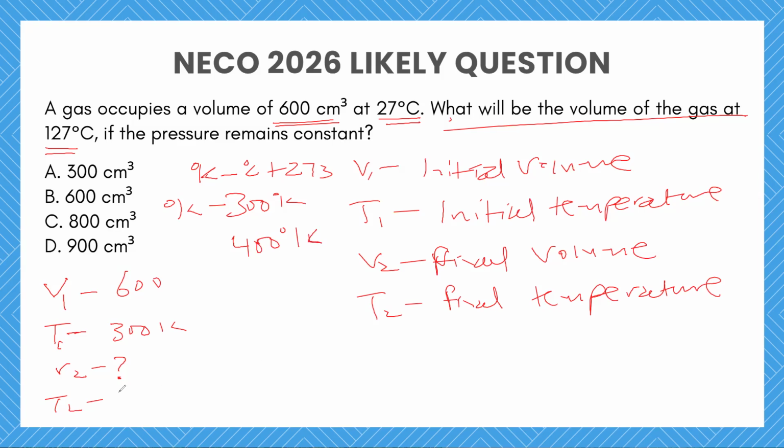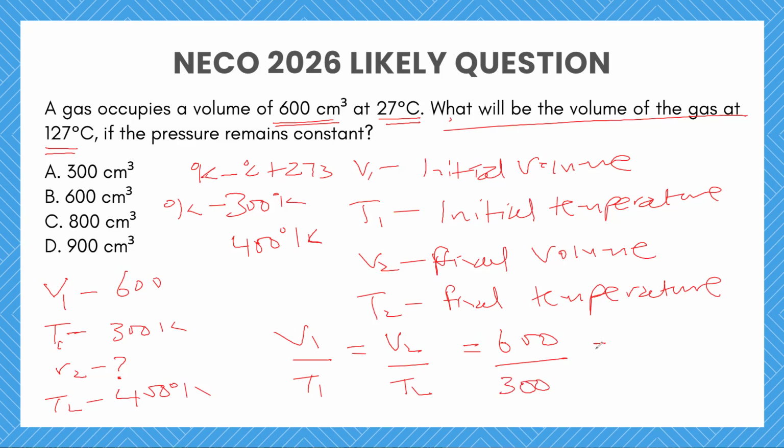So imputing our variables into this equation that we're solving right now gives us V1 over T1 equal to V2 all over T2. So let's impute our variables. V1 is 600 divided by T1, which is 300.